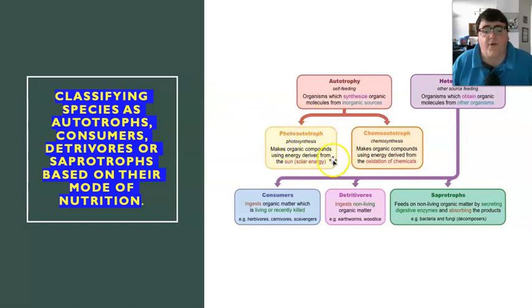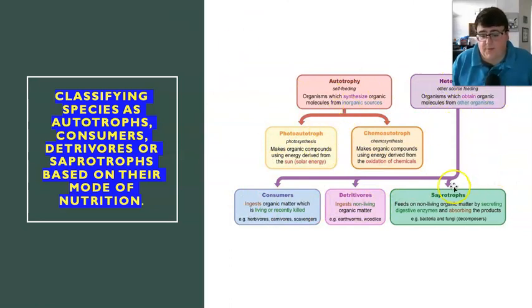Photoautotrophs are ones that make organic compounds with energy they get from the sun. So photo meaning light, they're getting all that energy from the light. Whereas chemotrophs are ones that are using energy derived from the oxidation of chemicals. And we'll talk about that a little bit more. Okay, so that's how we split up autotrophs.